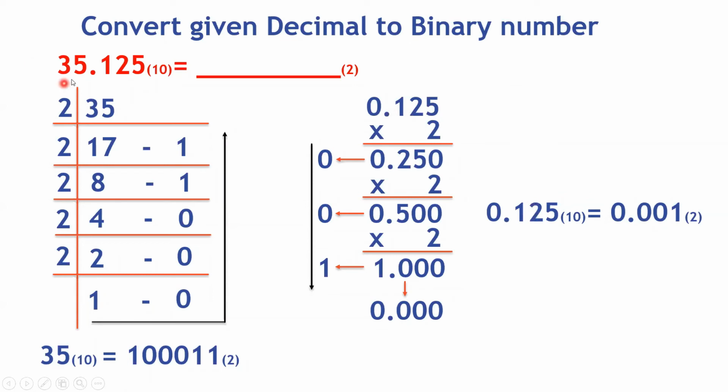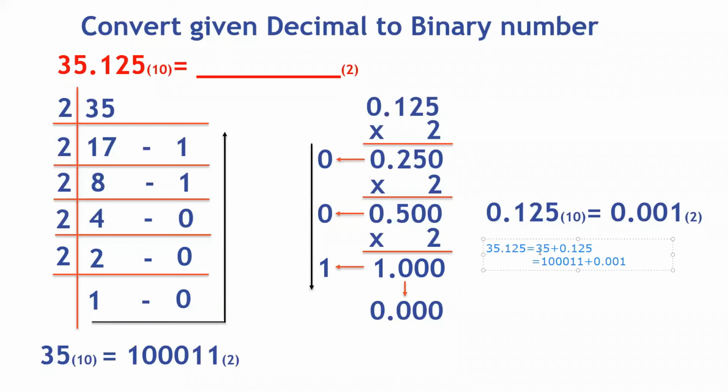But the actual given problem is 35.125. That's why I told you at the beginning that 35.125 we can write as 35 plus 0.125. Correct? Now 35, we have got the answer as 100011 base 2, obviously base 2, plus 0.001.